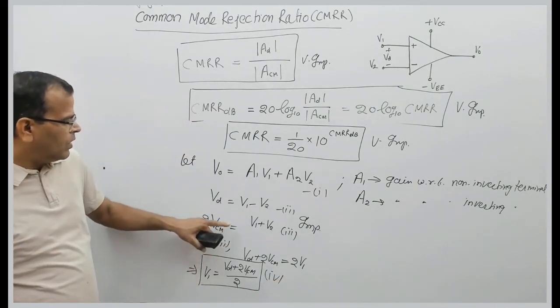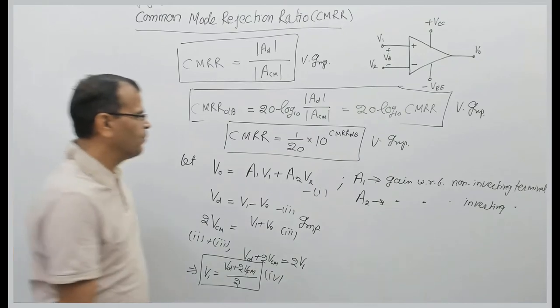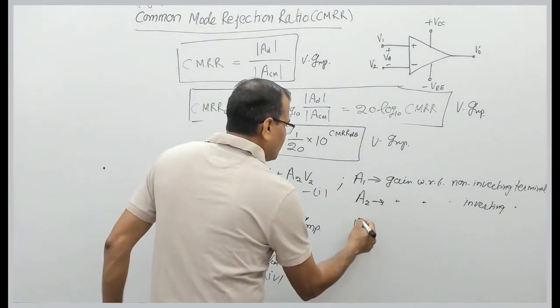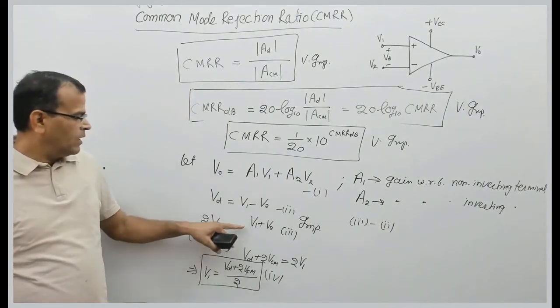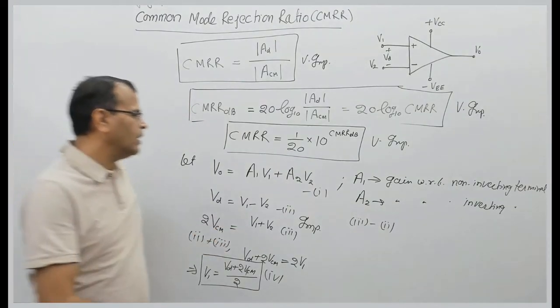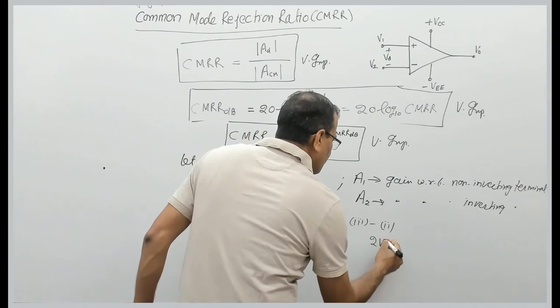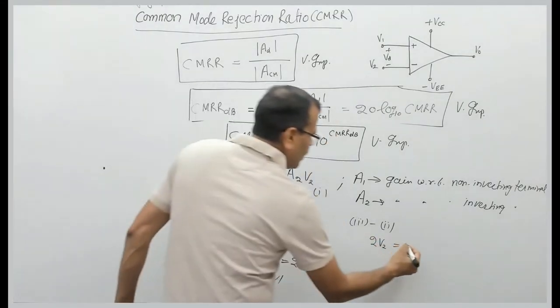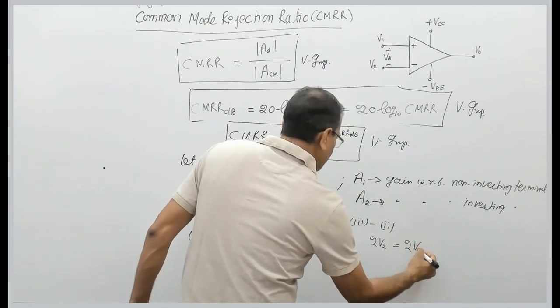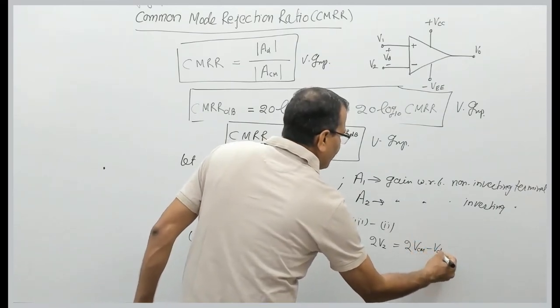Now if you subtract this from this, that is equation number 3 minus equation number 2, so what do we get? You will get 2V2 equal to 2 VCM minus Vd.